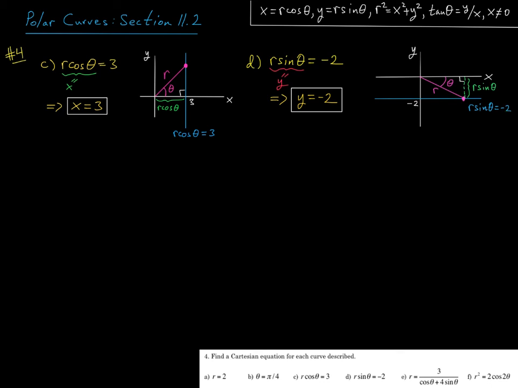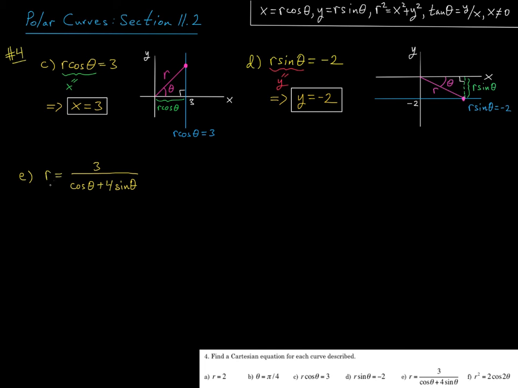Okay, cool. Moving on then to E, we have that r is equal to 3 over cosine theta plus 4 sine theta. Now, looking at these relationships, I'd like there to be an r cosine theta and an r sine theta, not just a cosine and a sine. So I'm going to start by multiplying both sides of this equation by this denominator.